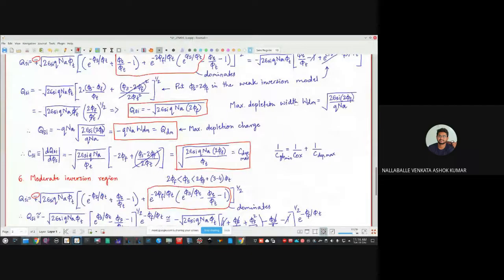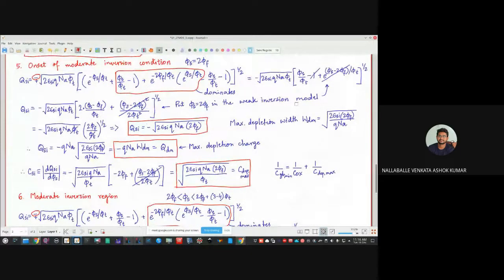Similarly, in the onset of moderate inversion also, you have taken here 2 phi f by phi t whole to the power of 1/2. Where is it? In the third line from the end, sir, of onset of moderate inversion.